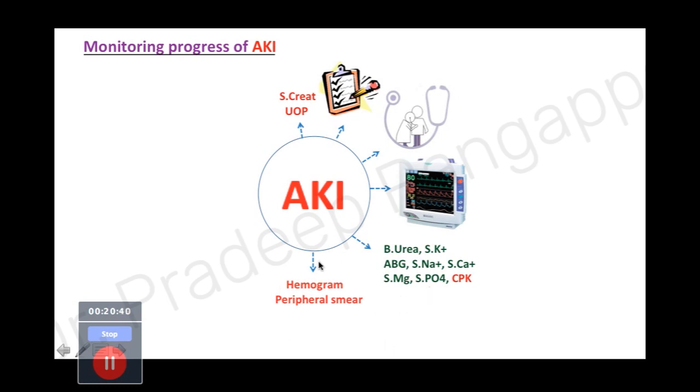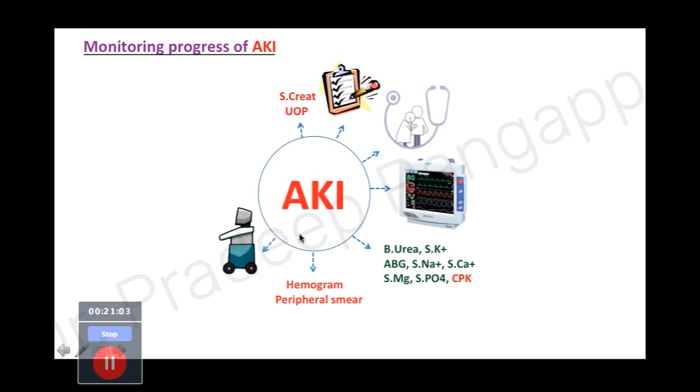Then we look into the hemogram and peripheral smear, because anemia can be a manifestation of chronic kidney disease. And you have conditions like thrombotic thrombocytopenic purpura or HUS, hemolytic uremic syndrome, where the peripheral smear becomes important, because we look for schistocytes to see if AKI is due to HUS or TTP.